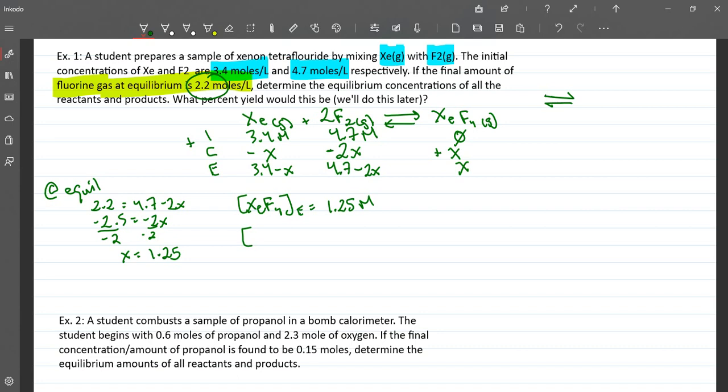In this case, though, we know what this concentration is given to us in the question, so really all we have left is xenon. Xenon gas at equilibrium is 3.4 minus x. We know what x is, it's 3.4 then minus 1.25. And what do we get there? We get 2.15.